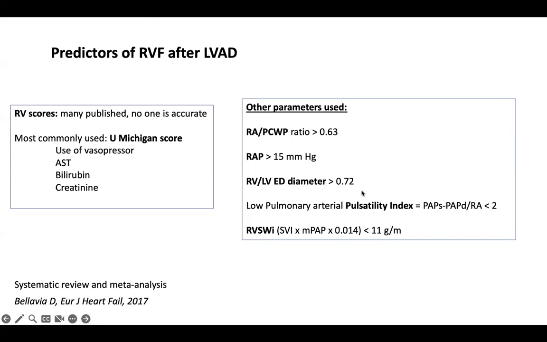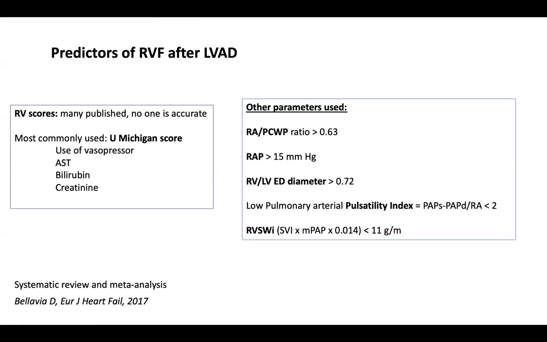If you have an RV to LV end-diastolic diameter ratio above 0.72, it's also bad. Then there is the pulmonary arterial pulsatility index, and you need to know the formula, which is the systolic pulmonary pressure minus the diastolic pulmonary pressure over the right atrial pressure, and if it's below 2, it's not great.